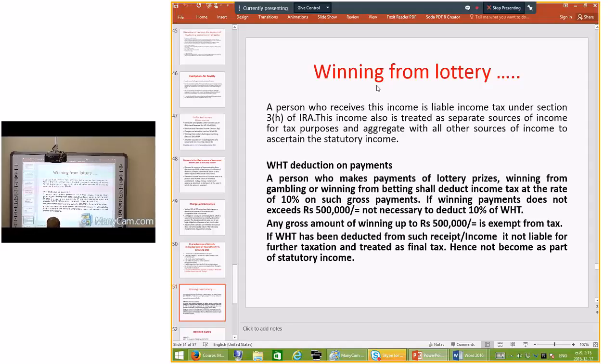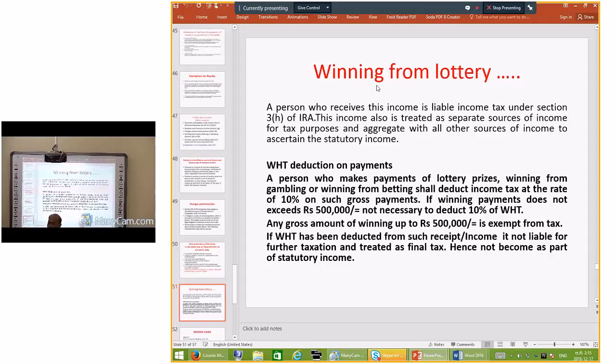But very recently, the government imposed a tax: once winnings of lotteries are paid by lottery boards or the organizers of the lotteries, they have to deduct 10% of the winning amount.